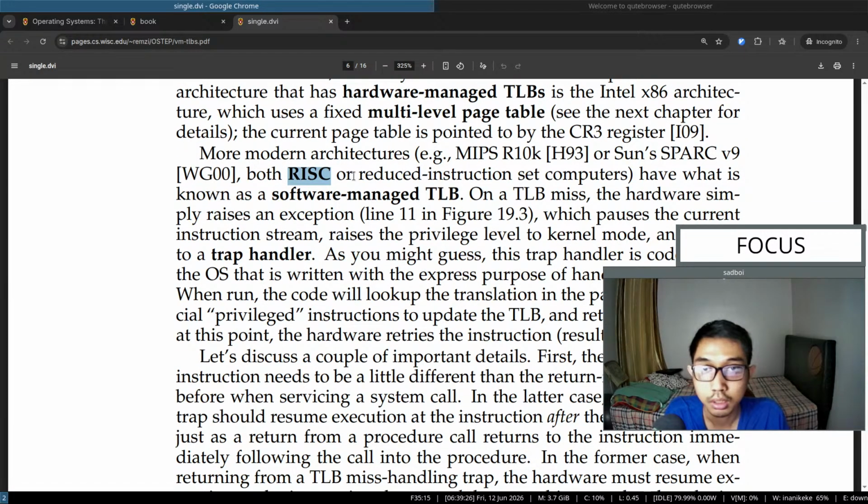Okay, more modern architectures have what is known as a software managed translation look-aside buffer.